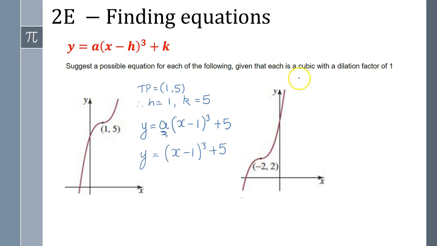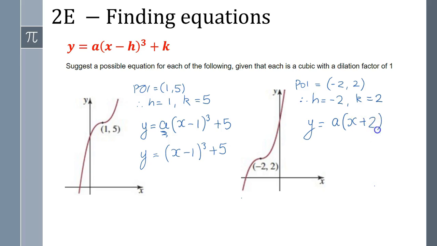So here, the turning point, I've done it there too. The point of inflection doesn't actually turn, it is (negative 2, 2). So therefore h is negative 2 and k is 2. So my equation now: (x minus negative 2), so it's going to be (x plus 2), plus 2.